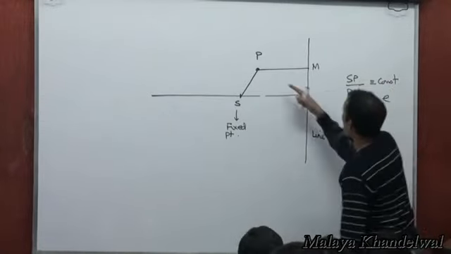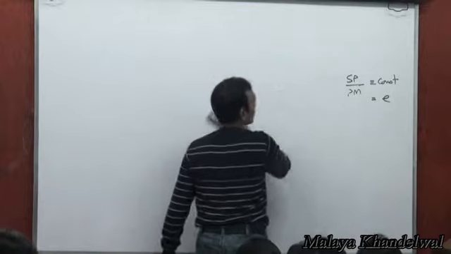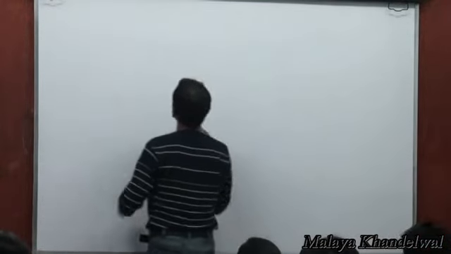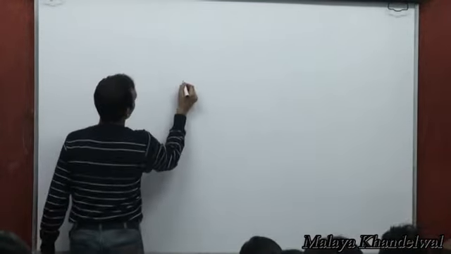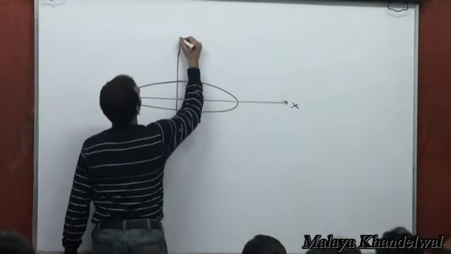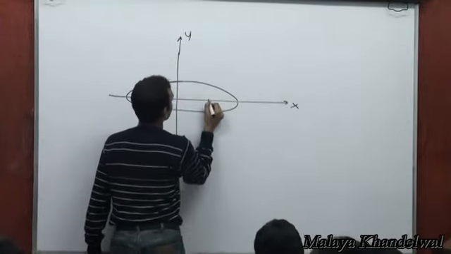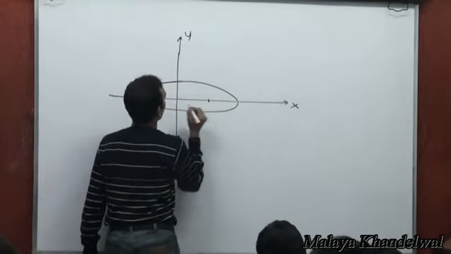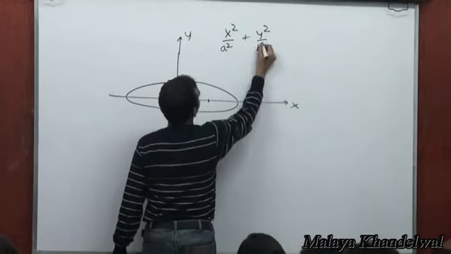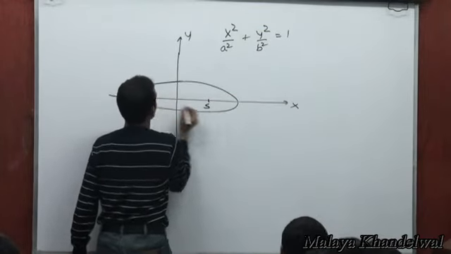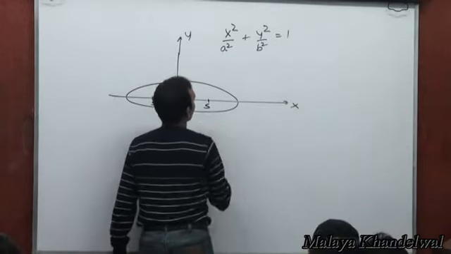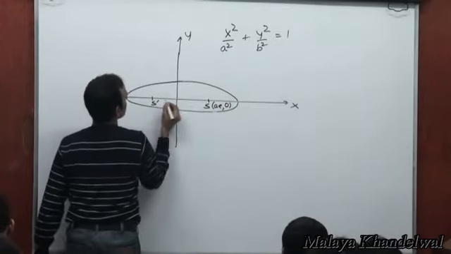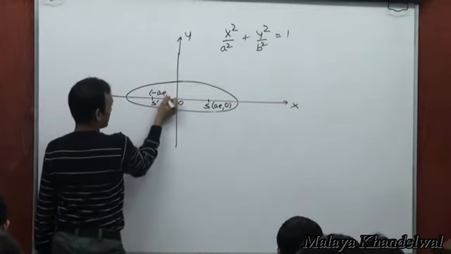For each focus, there would be a corresponding directrix, which means if this is the standard equation of an ellipse, x squared by a squared plus y squared by b squared equal to 1. This is one focus S, this is another focus S prime. This focus has coordinates AE, 0, this is origin, this is minus AE, 0.